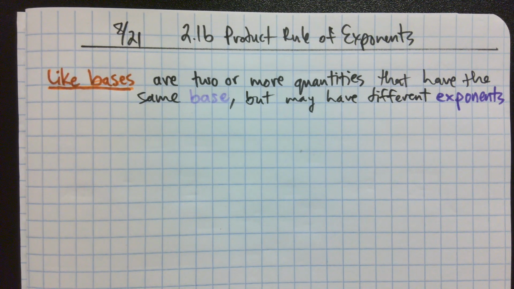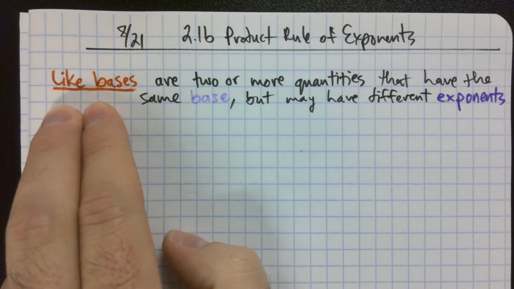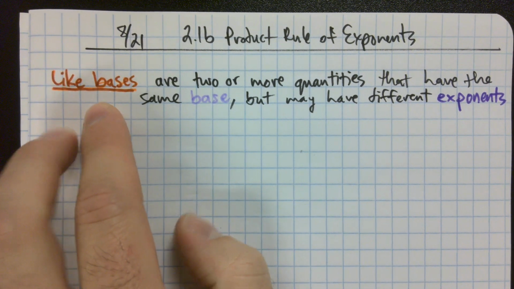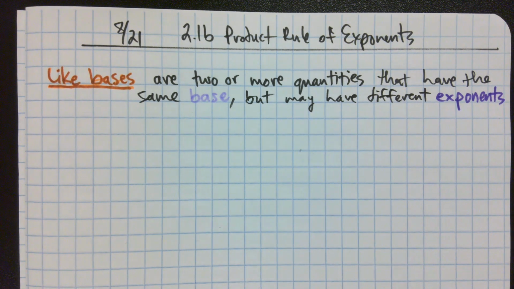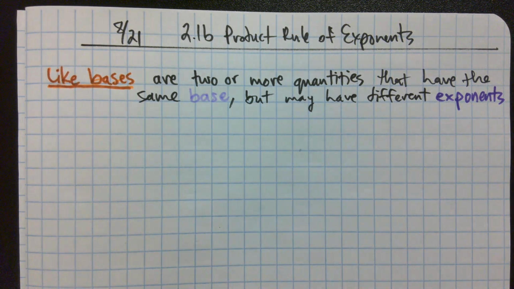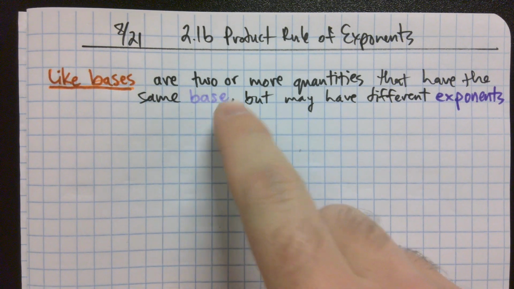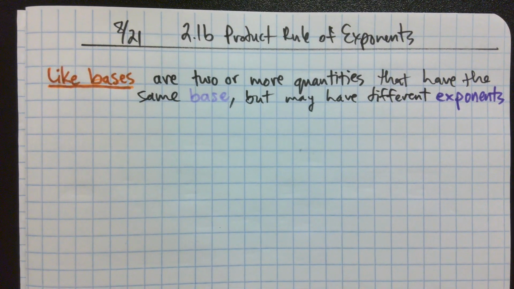That's our first rule. In order for us to understand the product rule, we have to understand what like bases are. So like bases are two or more quantities. Quantities just meaning it's a fancy word for thing in math. So two or more things that have the same base but may have different exponents.